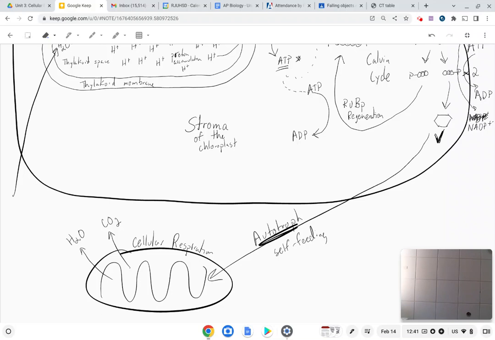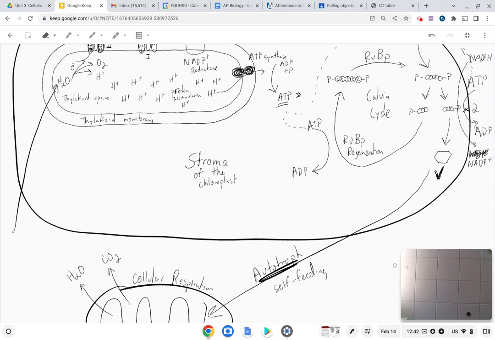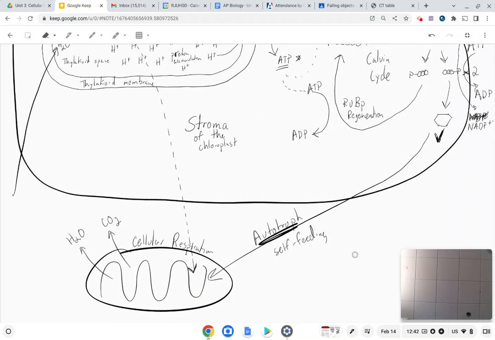Furthermore, what is the other input for cell respiration? Aerobic cell respiration, I should say. Oxygen, right? And lo and behold, the oxygen molecule up here can also feed the process of cell respiration.